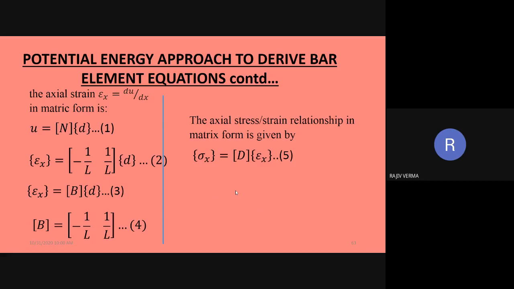Now, once we substitute equation number 2 in equation number 5, we get a relationship between stress and displacement given in equation number 6. This is obtained simply by replacing the expression for strain in equation number 5.